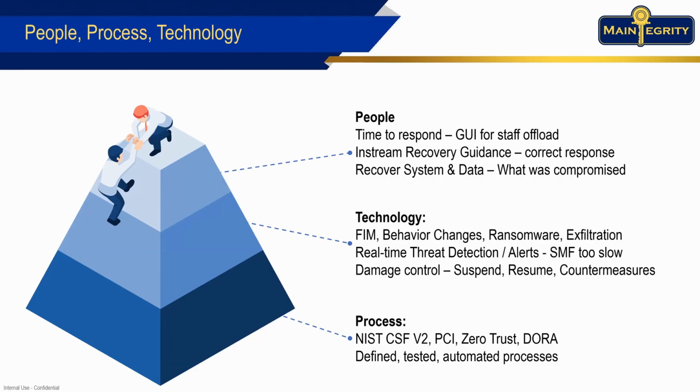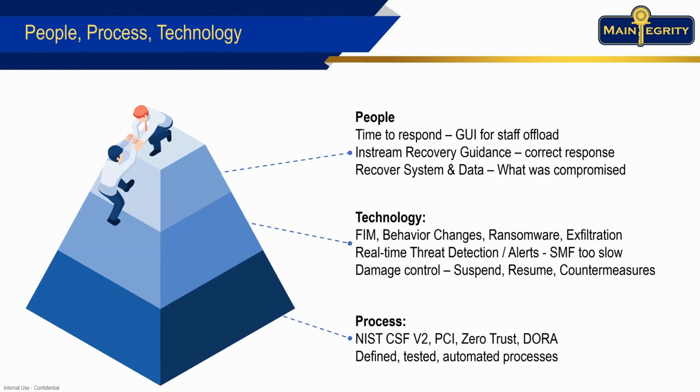MainTegrity CSF will identify the ransomware to begin with and prevent it from getting in. But in the unlikely event that something slips through, we'll identify what has to be recovered, the compromised components, what backup they're on, and bring those components back, whether they're parameter sets, whether they're programs, whether they're JCL members, which in our experience are often left unprotected or not protected as well as they need to be.